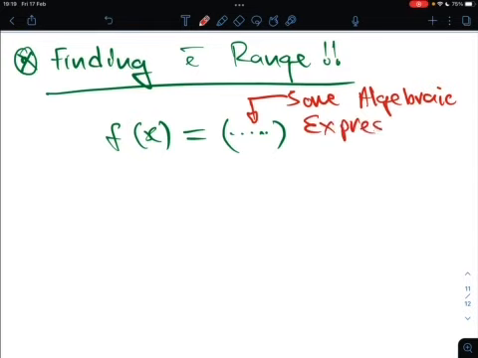So this is how mostly our functions that we have been playing around with will always look like.